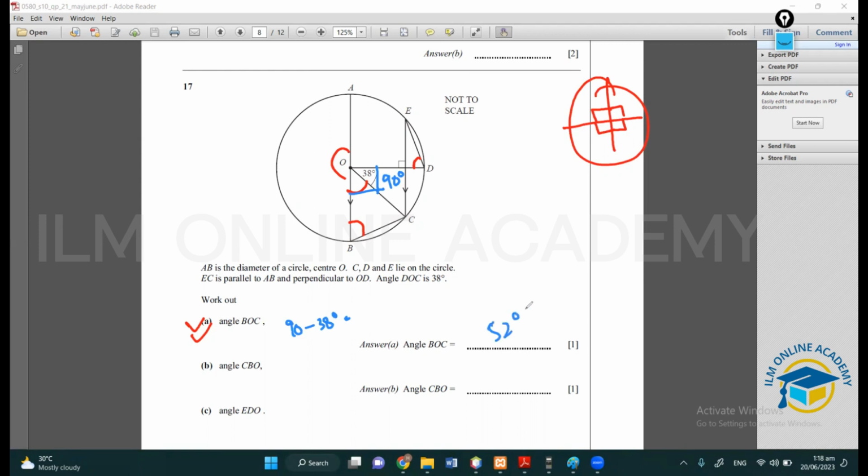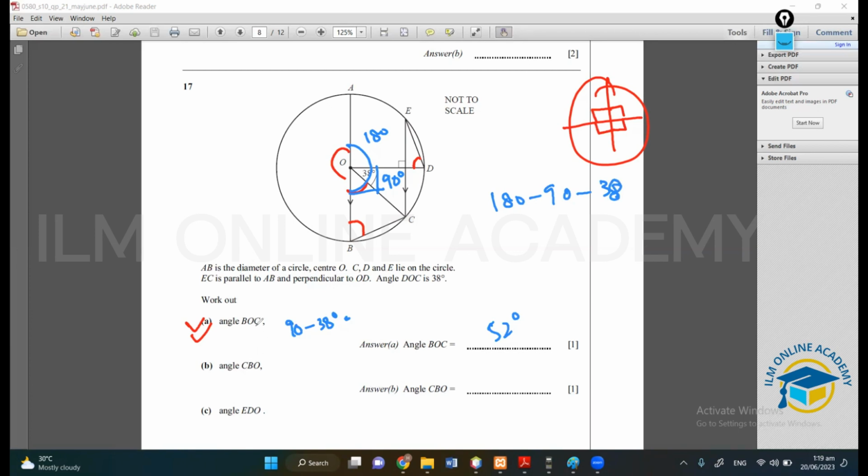There is another method: you know that this total angle is 180, so subtract 180 minus 90 minus 38. The answer would still be 52 degrees. So let it be like this or this, it's up to you, whatever suits you.